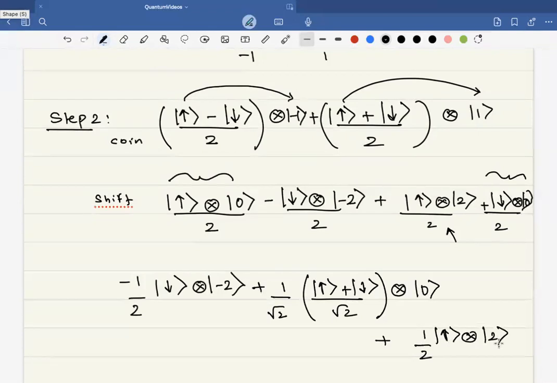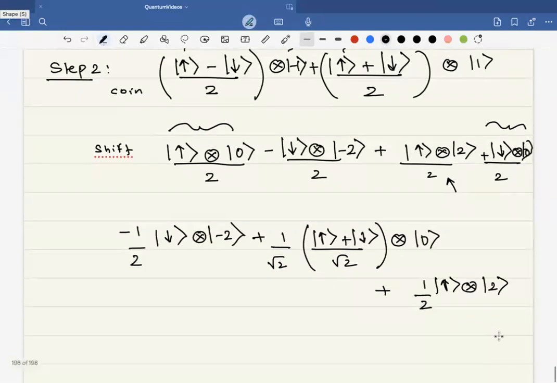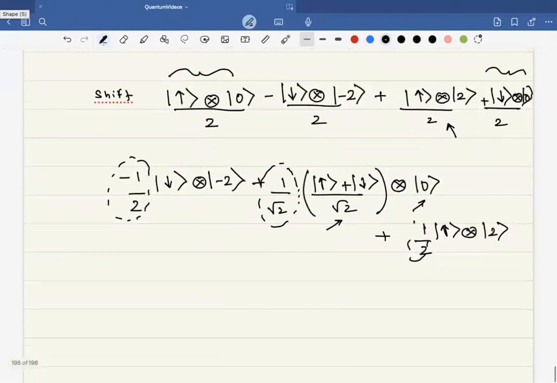I have written it such that the states inside are normalized. This is normalized, this is normalized, and the probability amplitude is over here, right? So these are the probability amplitudes. Again, if I measure the walker at this stage, I will have the possibility of finding the walker in 3 positions: -2, 0, and 2.